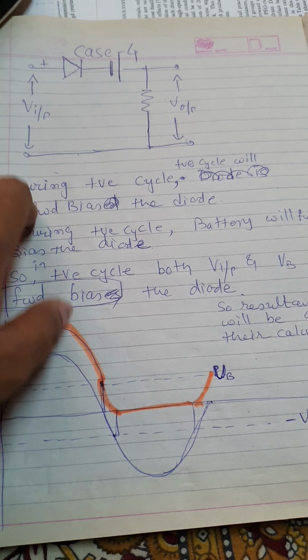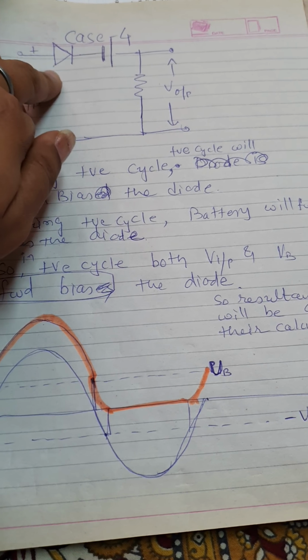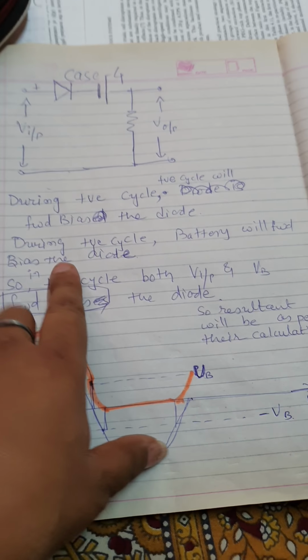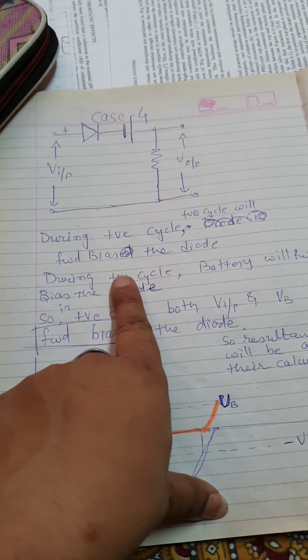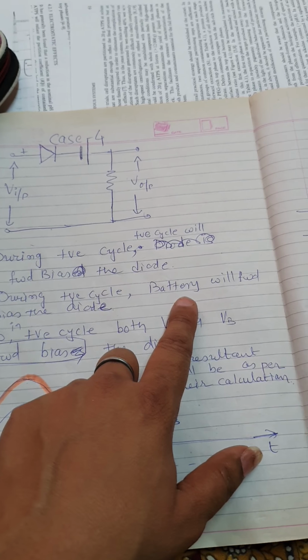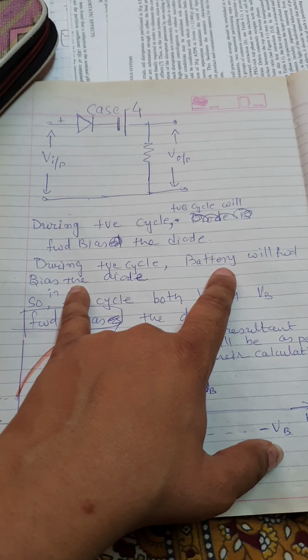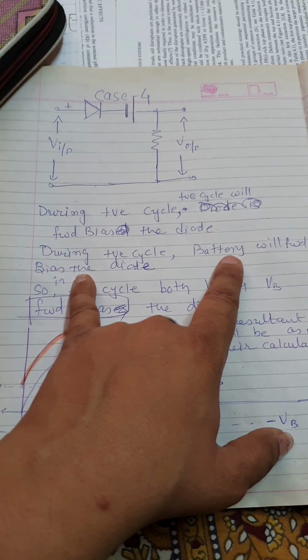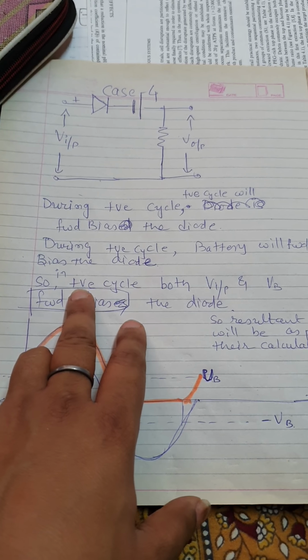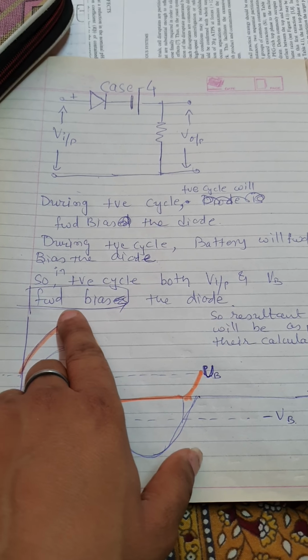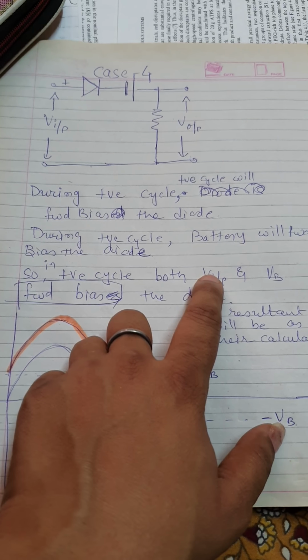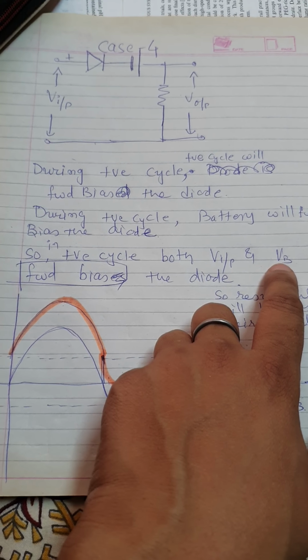During the positive cycle, the positive cycle will forward bias the diode, and during the positive cycle, the battery will also forward bias the diode. This means that for the entire positive cycle, the diode remains forward biased due to both V input as well as VB.